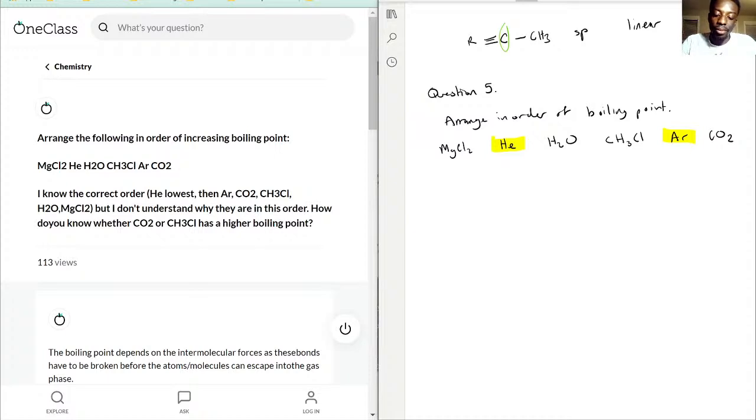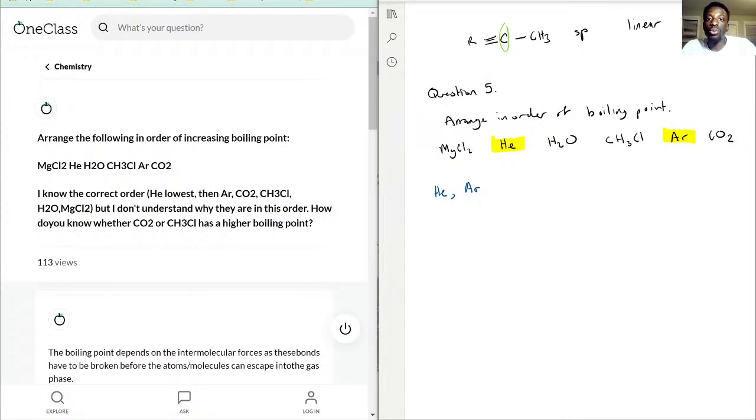So atoms literally lose. If you're an atom by yourself, in most cases, 9 out of 10, you're going to have a lower boiling point than everyone else. They got that correct. They're actually confused about the later parts, but I'll show you how we can determine it. So we know it goes helium, argon. We have our first part. So that's how you take care of that.